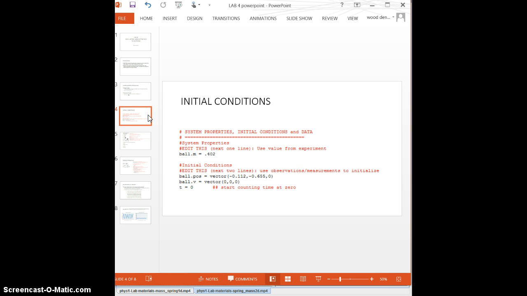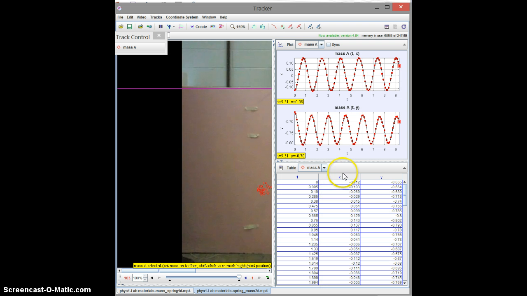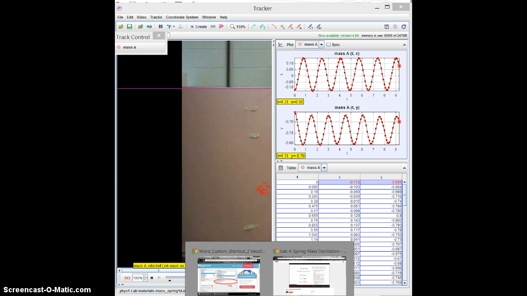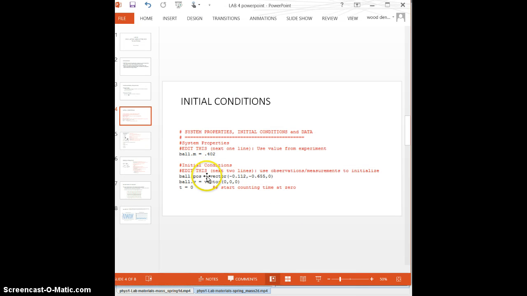So, sorry, the initial conditions we need to put into Python include the mass of the ball, which is 0.402 kilograms, the initial position of the mass, which you can just see are these first two x and y coordinates found in Tracker. So you can see the ball's initial velocity is 0, and we're starting from t equals 0.